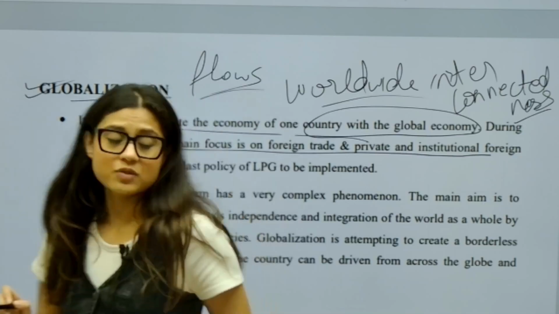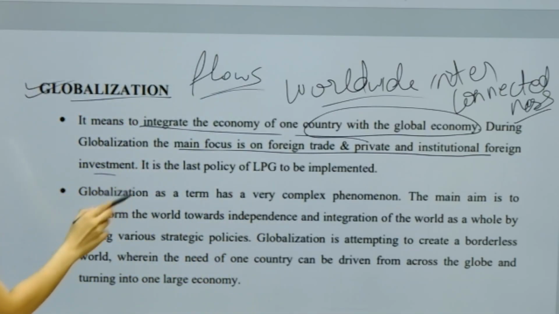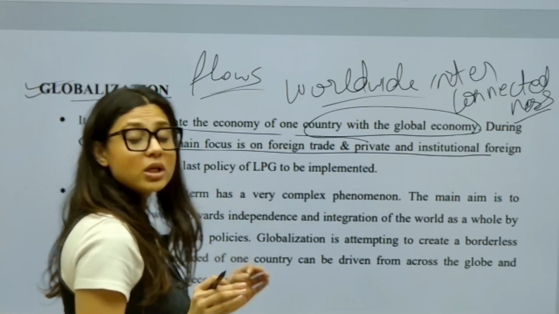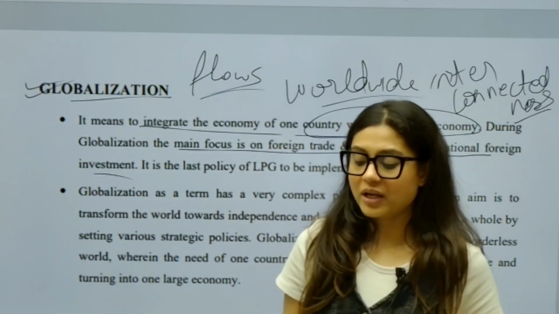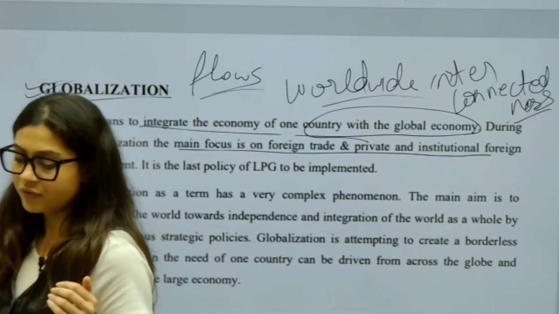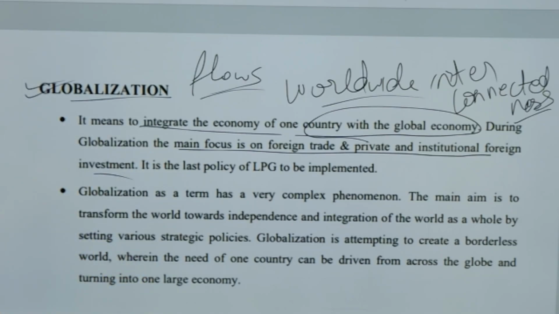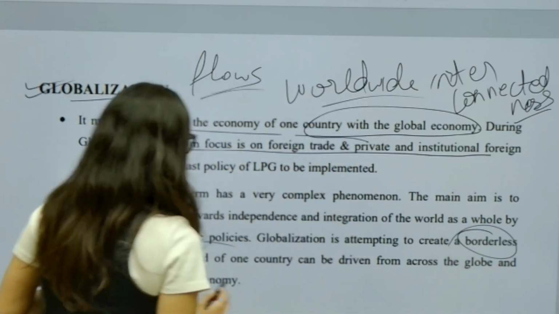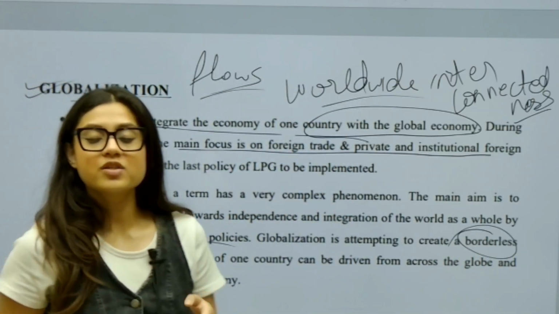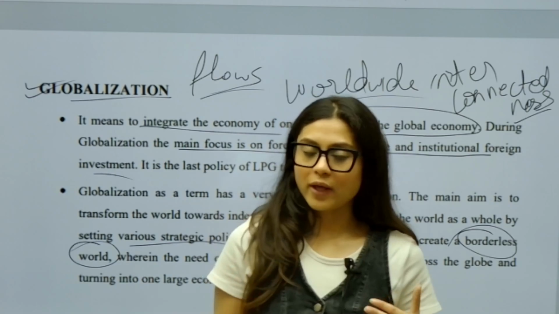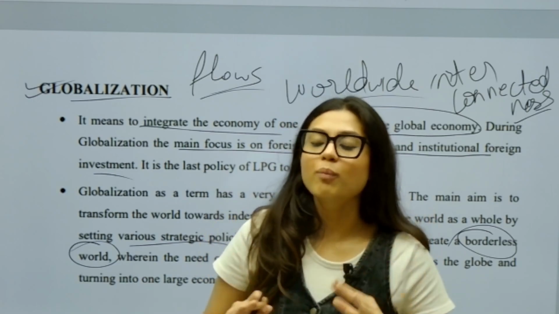So this was the last policy of the LPG, and it is a very complex phenomenon because it is not only social, it is social, economic, cultural, in every possible course of action, and it transforms the world towards interdependence and integration of the world as a whole, setting up strategic policy, and it is creating a borderless world, because your ideas can be communicated to the other side of the world and there is no border.